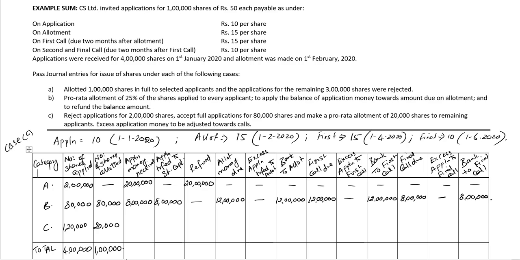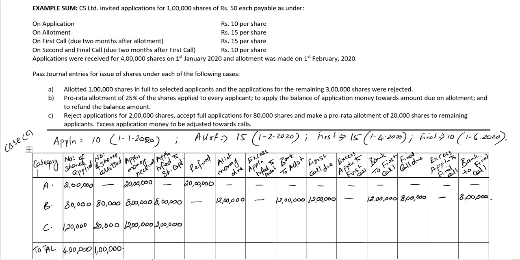Let's go to category C. Application money received 1,20,000 multiplied by 10 rupees per share, 12 lakh rupees. Amount which is transferred to share capital, 20,000 shares allotted multiplied by 10 rupees per share is 2 lakh rupees. We'll come back to the refund column.